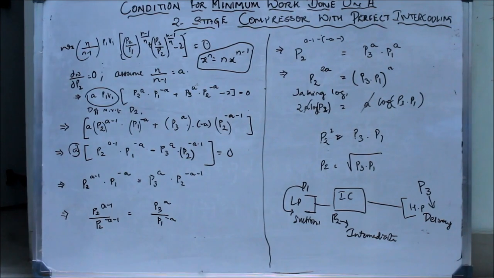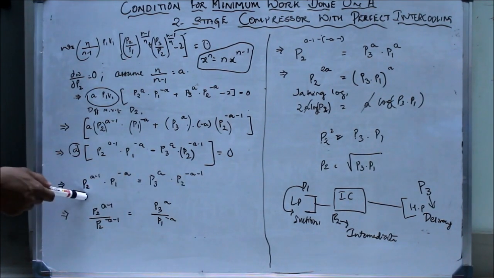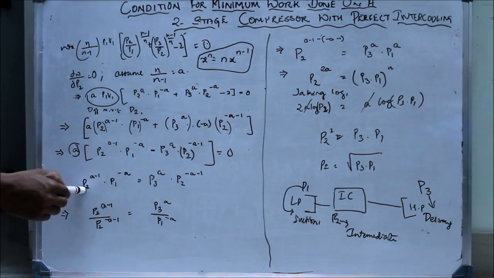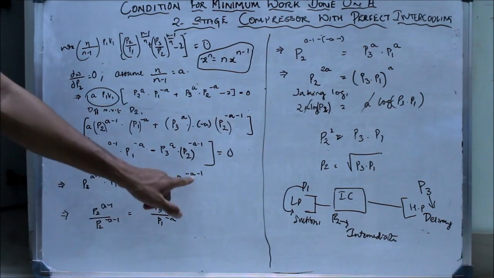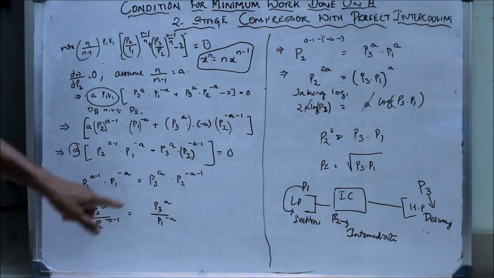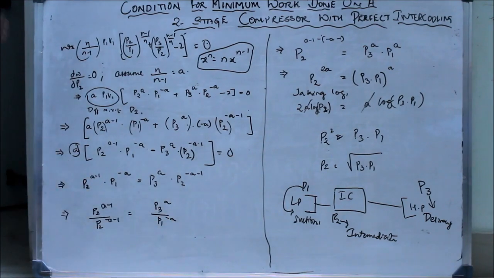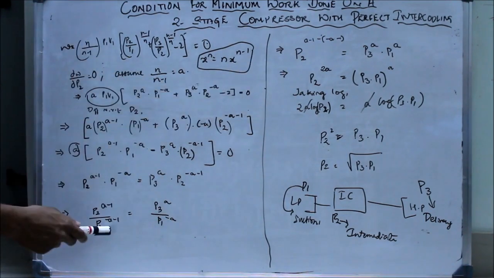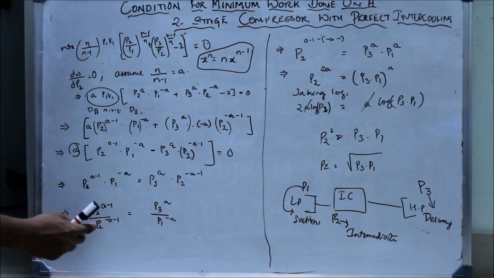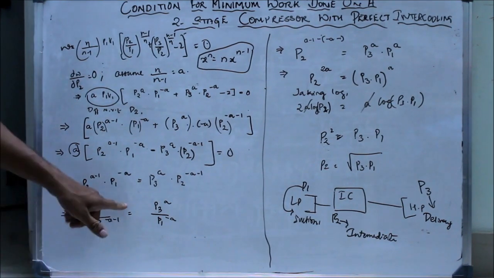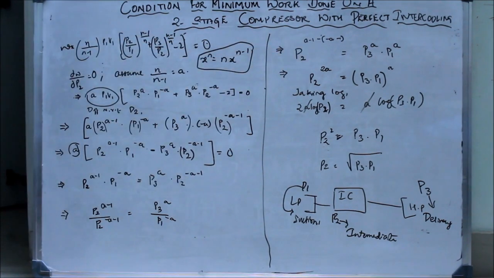Now we need the expression in terms of P2. So what we do is bring the P2 terms together and cross multiply. We get P2 to the power A minus 1 divided by P2 to the power minus A minus 1, that we have written here, equal to P3 to the power A divided by P1 to the power minus A. When the base P2 is the same, you have to subtract the powers.